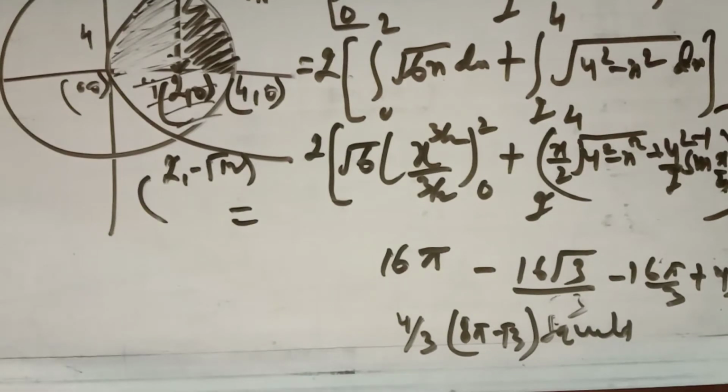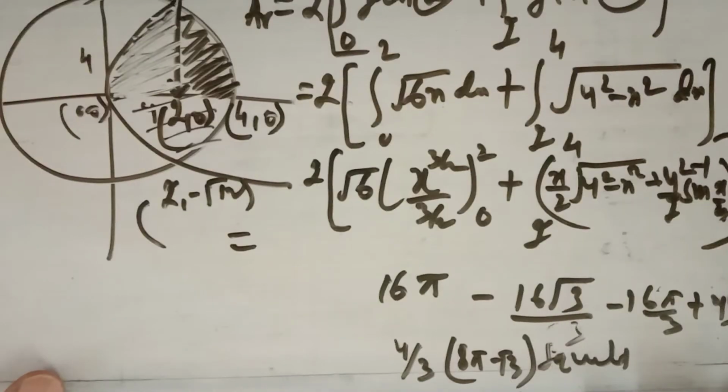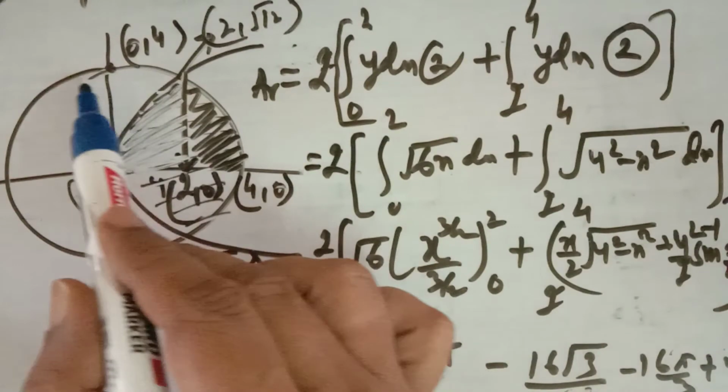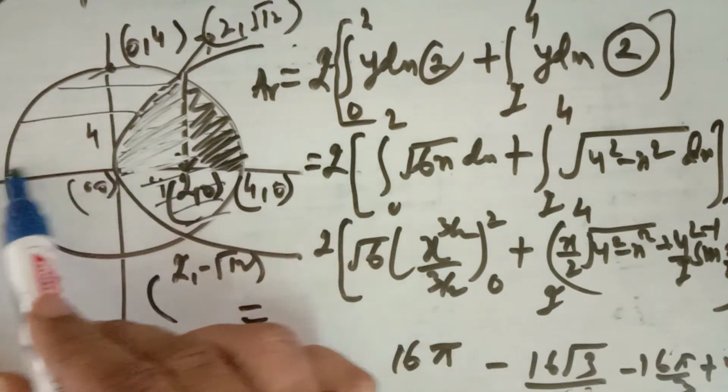Now if you read this question carefully, you have to find the area bounded by the curve in the exterior of this parabola. Exterior of this parabola means you have to find actually this area.